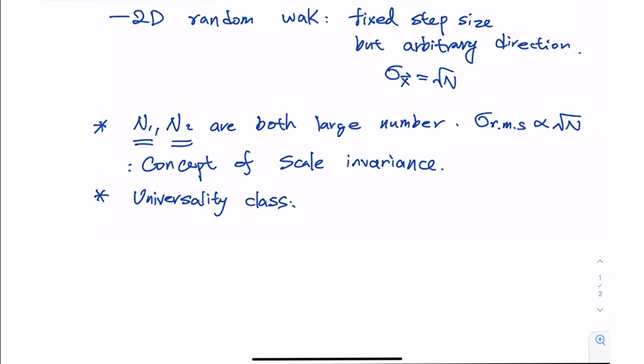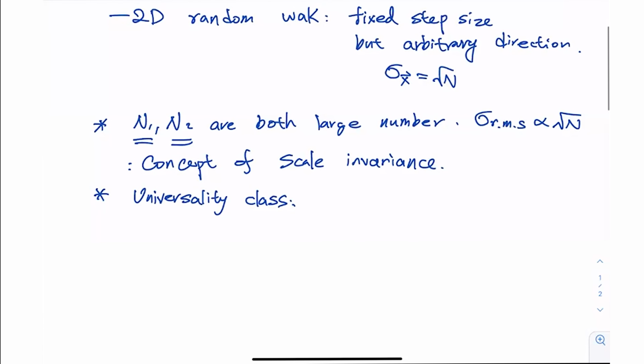After that, in the discussion of universality class, we suggested that some of the details of our system are not really important because they might not modify the scaling behavior of your system. For example, in this 1D random walk, whether you are moving forward or backward, or moving in an arbitrary direction in a continuous fashion, are differences between these two systems, but they did not change the scaling behavior.